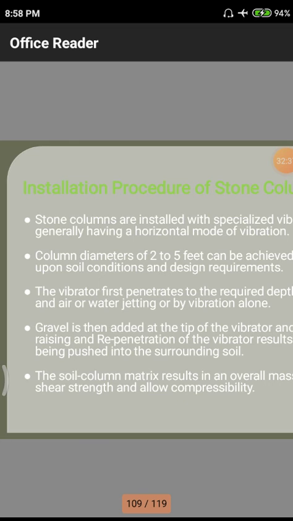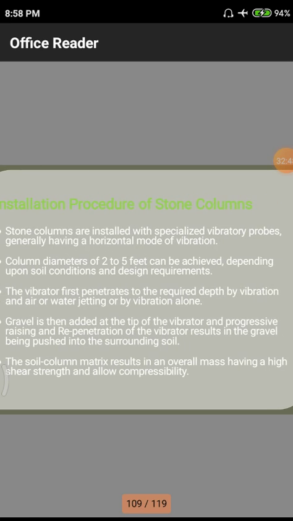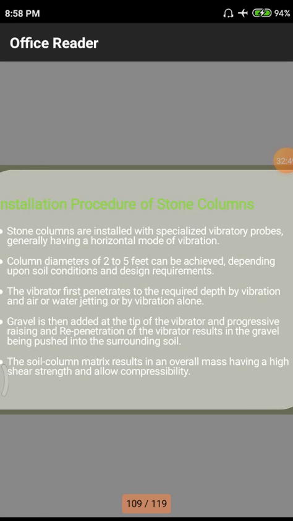What is the purpose of this stone column? Where do we have to implement these stone columns and what are the advantages in terms of settlements? First of all, stone columns are installed with specified vibratory probes. Vibrators like these we have observed in the field for RCC slabs, columns and beams. There are point vibrators and plate vibrators.